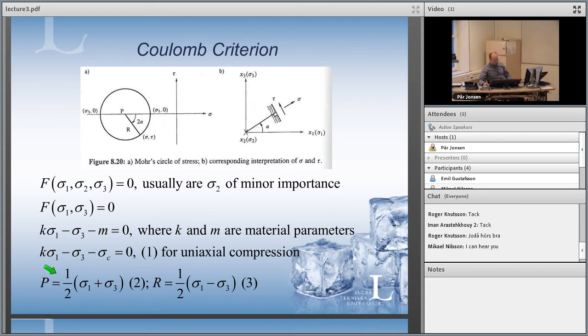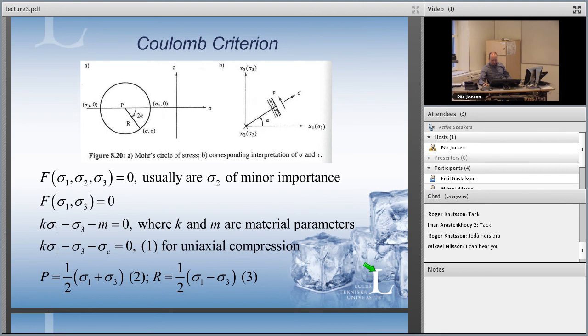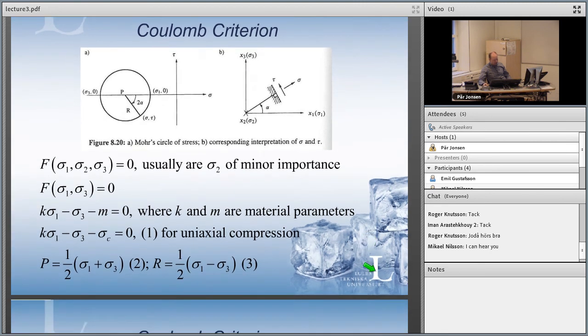If you look at Mohr circles, which is connected to this picture here also, you have a P, which is the position, the center of the circle, and you also have a radius of the circle. You can use this to combine the Coulomb criteria with the Mohr criteria, and then you will have a more advanced model, actually.